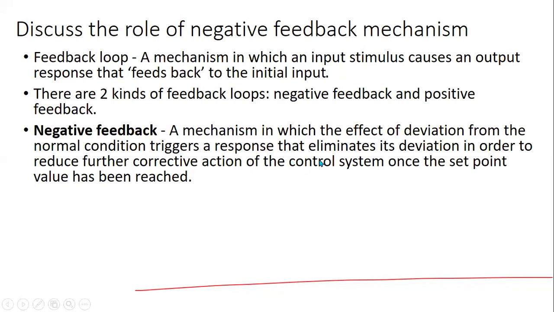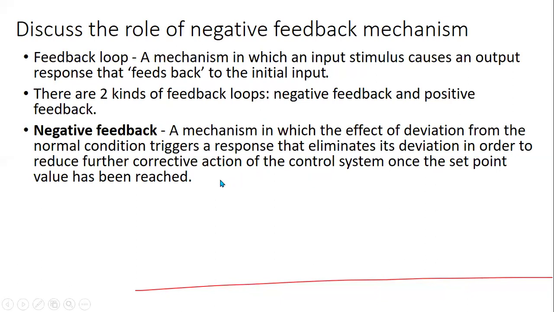So a mechanism in which the effect of the deviation from the normal conditions triggers a response that eliminates the deviation or restores the conditions to the normal. Okay. So in order to reduce further corrective action of the control system once the set point has been reached.